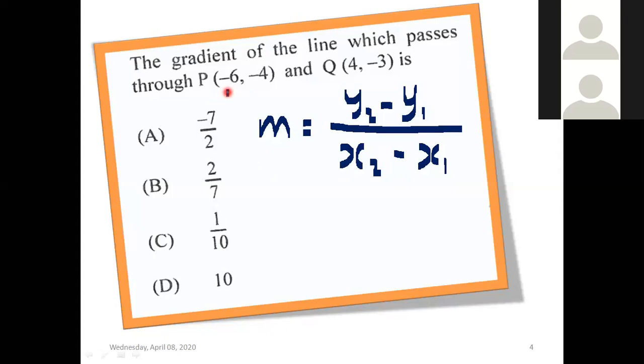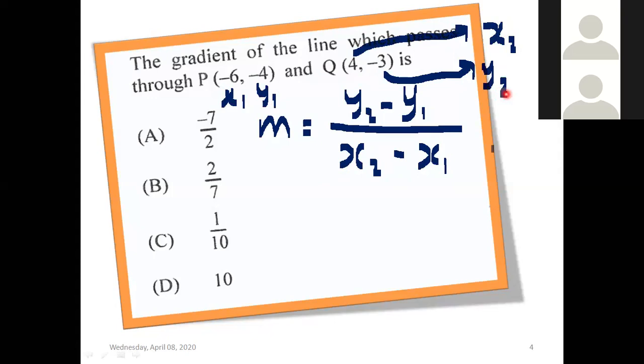All right. So now we're going to use P and Q. You could call -6 x1, and you could call -4 y1. You could call 4 x2, and you could call -3 y2. All right. So can you guys substitute those values in the formula and tell me what the answer is? 2 minutes tops, or 1 minute.